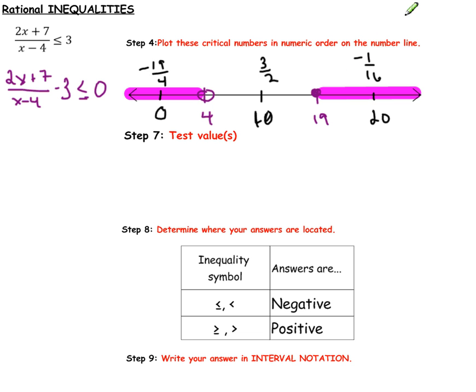So that means my solution is going to be from negative infinity up to 4, not including 4, union with bracket of 19 because I'm including 19, and going on into infinity in a positive direction. And that's how you do it.